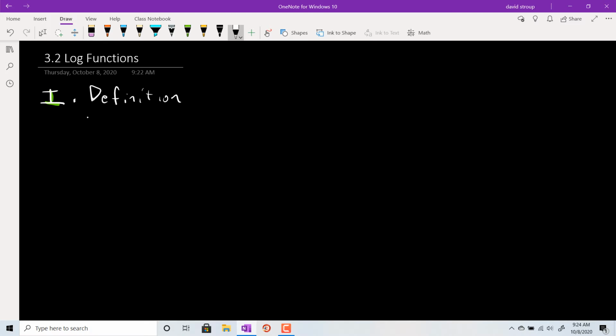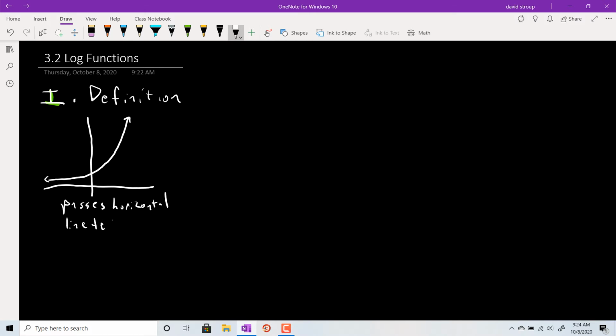So if you remember last time we were talking about exponential functions, and here is an example of one. This is the exponential growth function. And if you look at it, you notice it passes the horizontal line test. That implies it's 1-to-1.